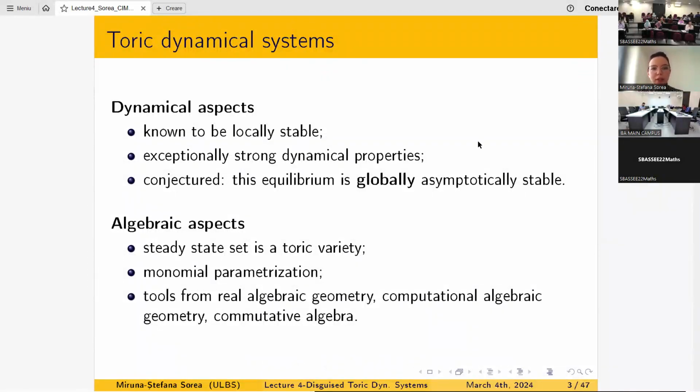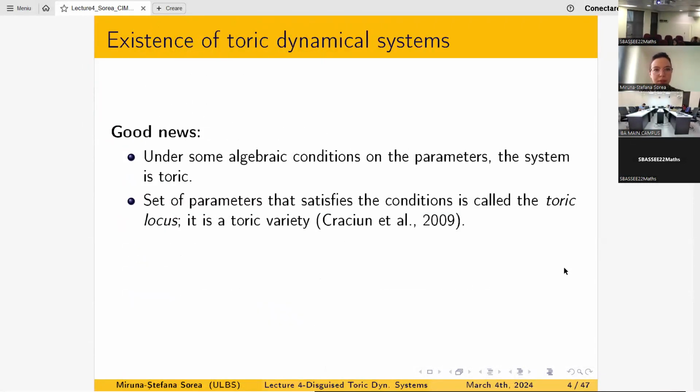And we saw how to get those, and we used tools from commutative algebra, computational algebra, elimination theory, and so on. As we saw last week on an example, we have this recipe to get the toric locus.